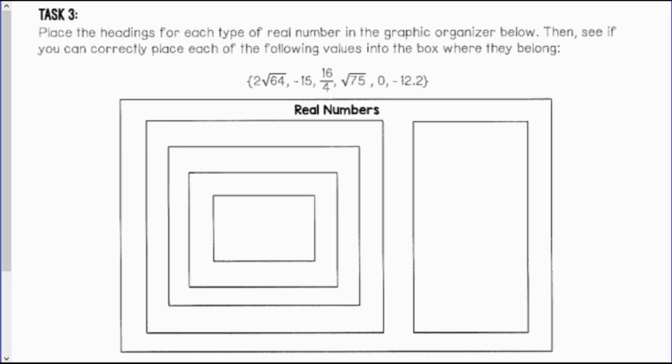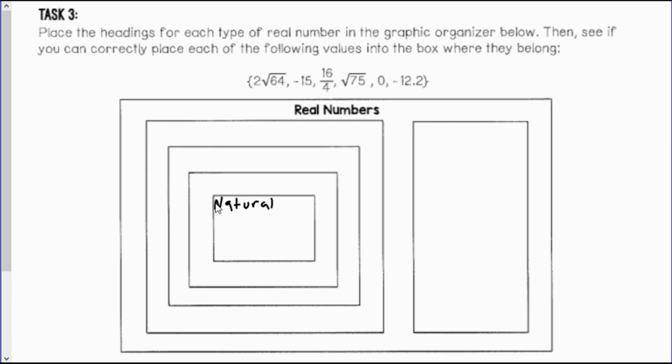Now, if I want to specifically classify these numbers into different sets, I can think of my entire set of real numbers as a Venn diagram, where within the Venn diagram, I will work from the smallest box to the largest box. So my smallest box is my set of natural numbers.